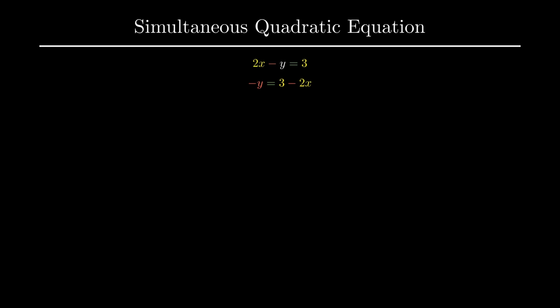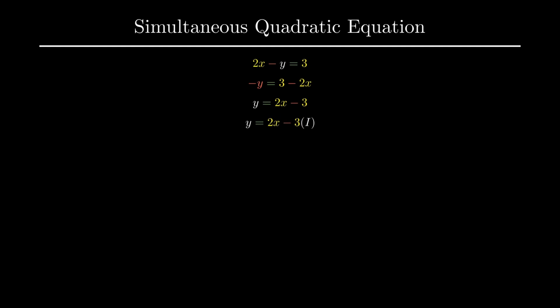Then we divide both sides by negative 1, which gives us y is equal to 2x minus 3. It's more like we are just inverting the signs. Negative y becomes y, negative 2x becomes positive 2x, and 3 becomes negative 3. So now we have y is equal to 2x minus 3, which is our first equation.